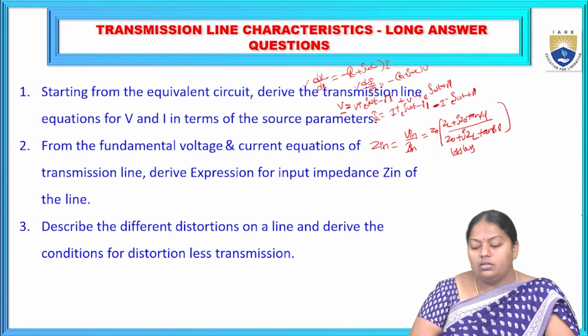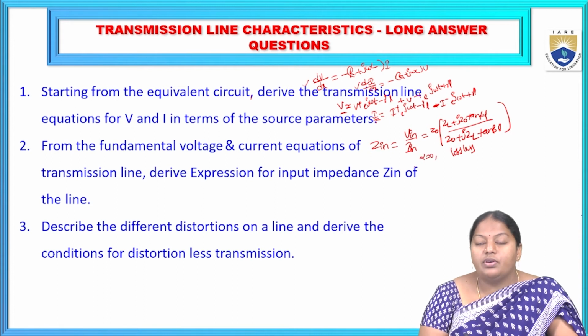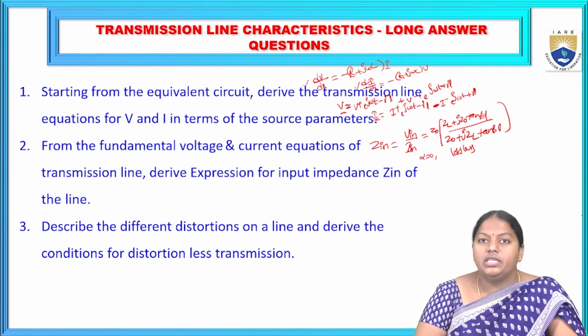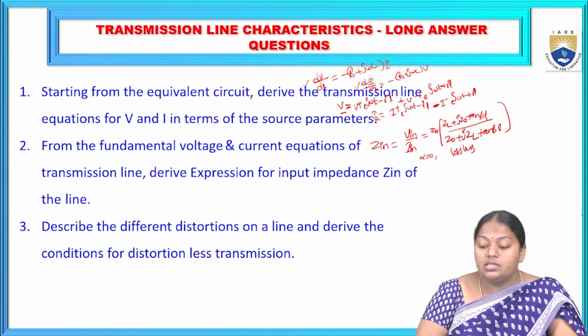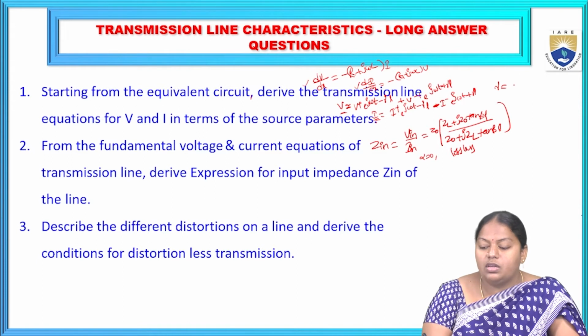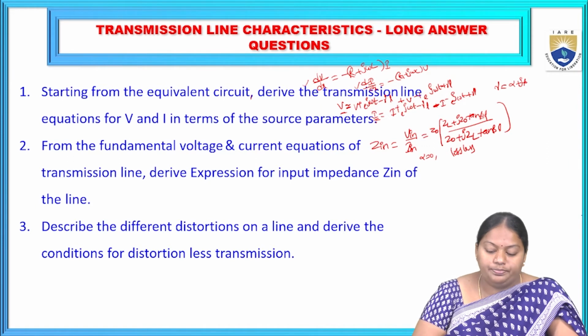For a lossless transmission line, we just assume attenuation constant alpha equal to 0, hence it consists of only the phase constant, that is beta only. If it is lossy, we consider the attenuation constant along with it and we have to replace beta by gamma over there. Why? Because gamma consists of the attenuation constant alpha and the phase constant beta.